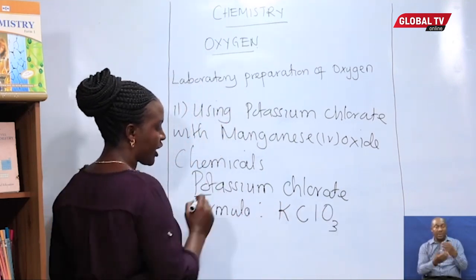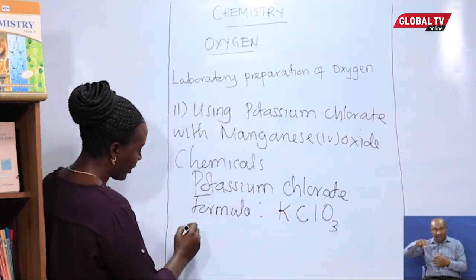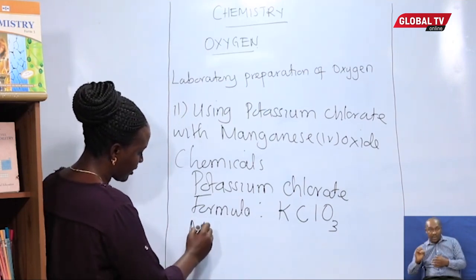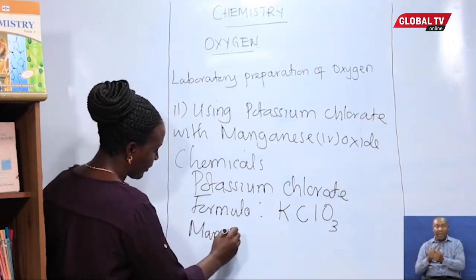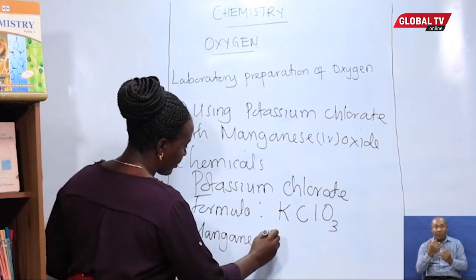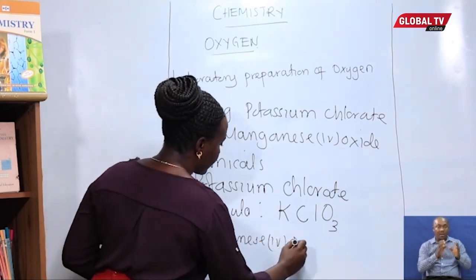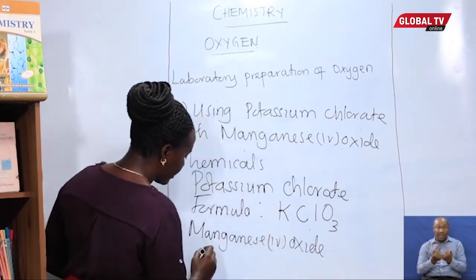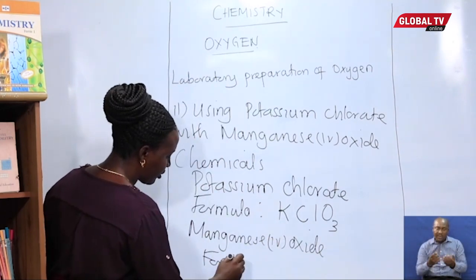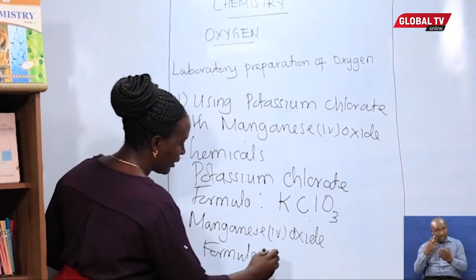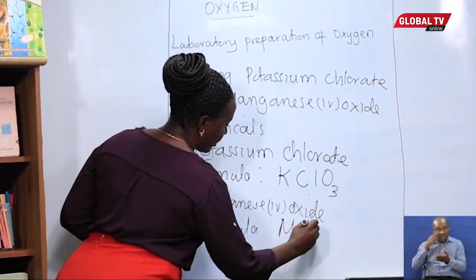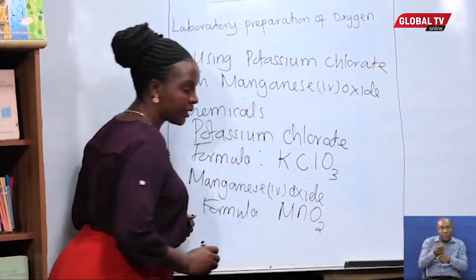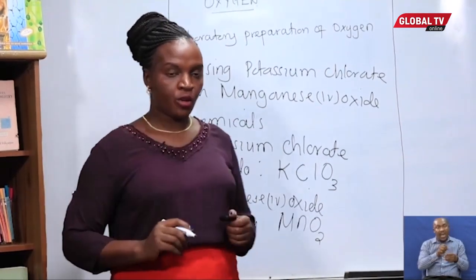This is potassium chlorate. And another chemical that you're going to have is manganese 4 oxide. How is it written using a formula? You should know the word and the formula. This is MnO sub 2. That is manganese 4 oxide.